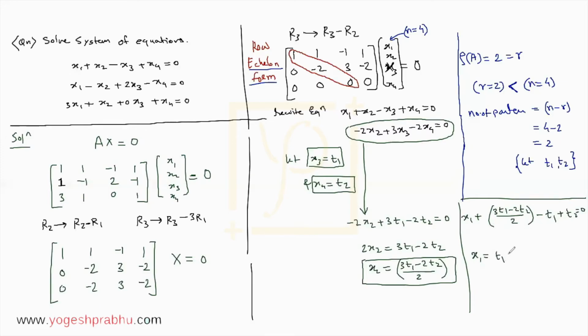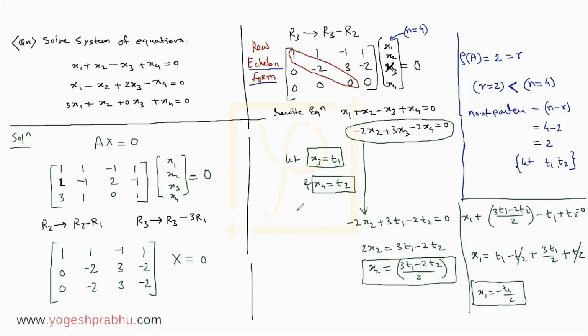It will be t1, the minus will become plus t1, minus t2 plus 3 t1 by 2. I'm writing this as 3 t1 by 2 minus t2. Then finally x1, if we simplify, there is plus t2, right? So you have minus t1 and minus t2 and plus t2 getting cancelled out, and then this is minus t1 plus 3 t1 by 2. If we solve that, it is going to be minus t1 by 2. Now that's the value of x1.